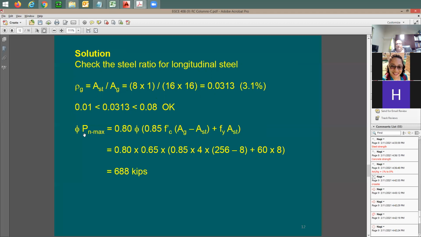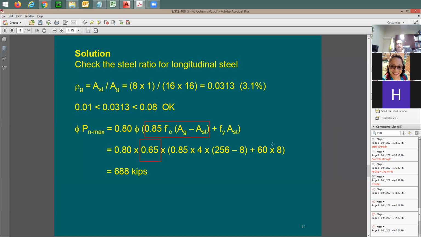How about the column strength? Yeah, I can use this equation, 0.8 times phi. Phi here is going to be 0.65 for tied columns. Now, where's the concrete strength? I'm going to say here's the concrete strength. Now, let me track it. 0.85 times f'c, 4 ksi, times 256 subtracting 8, the cross-section area of the steel.